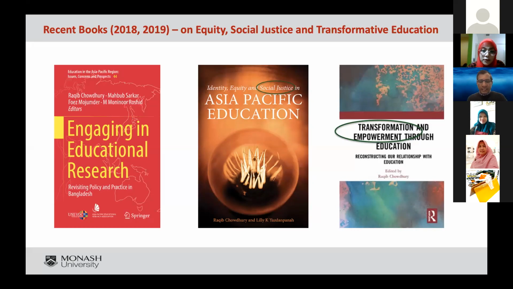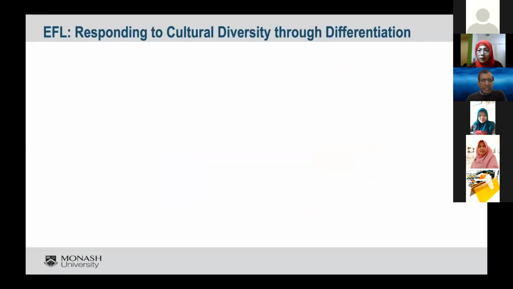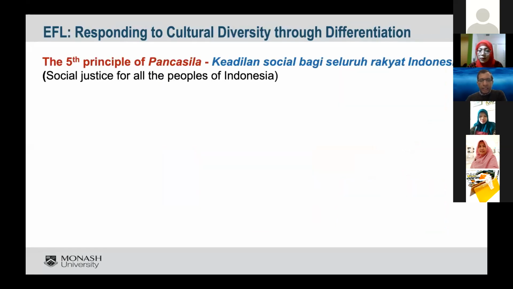So in that class, the monkey and the elephant and the seal and the bird, those are visible differences. But what about invisible differences? And I'll show some examples of that as well. So what does it mean to respond to cultural diversity in EFL? So as I said, in Pancasila, you actually have the notion of social justice already.